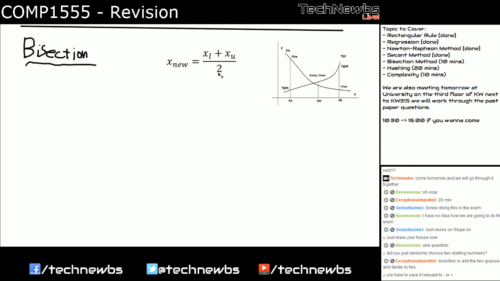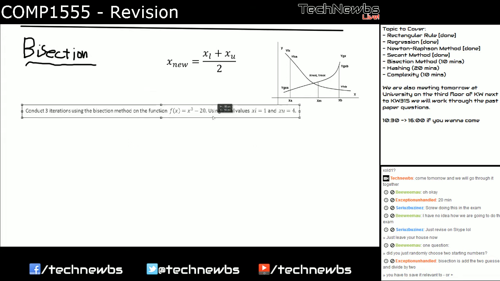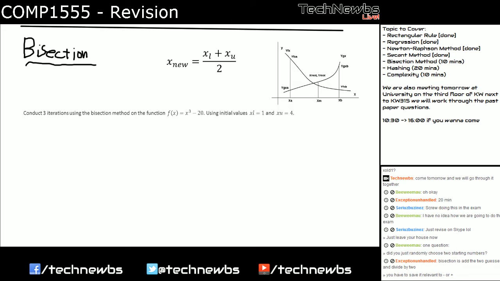Obviously, as you can see, it's easy. I've got an example I can actually use. Let's see. This is an example I made myself because I couldn't find a good question to use.